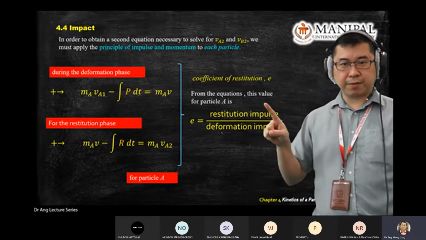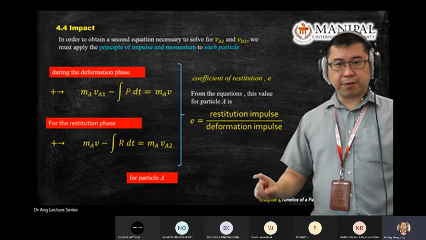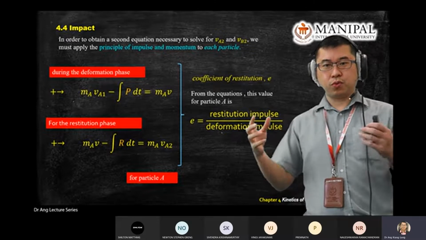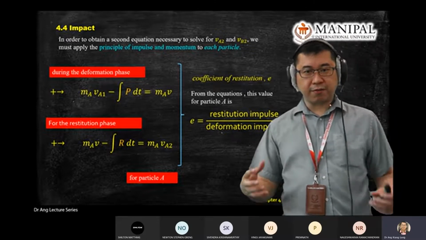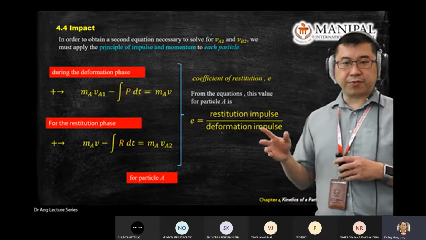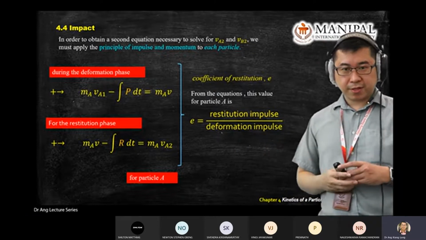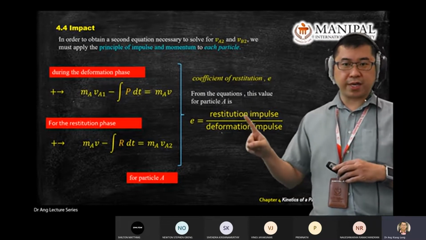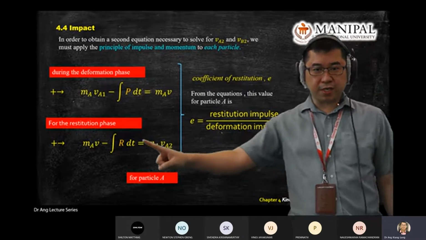Restitution impulse, deformation impulse. It's a ratio. It tells you what happened to the change of form, the change of energy. Or it's a ratio between two impulses. You know the equation for these two, right? Restitution is this one.